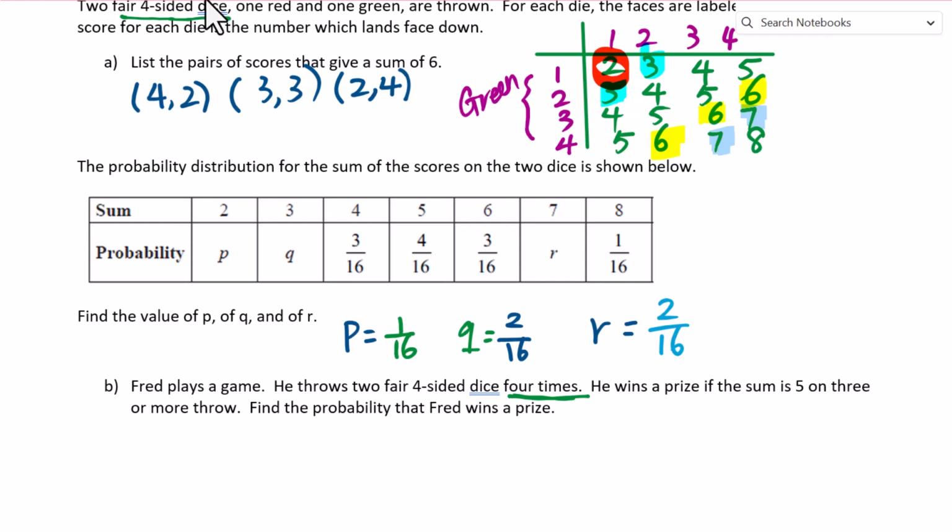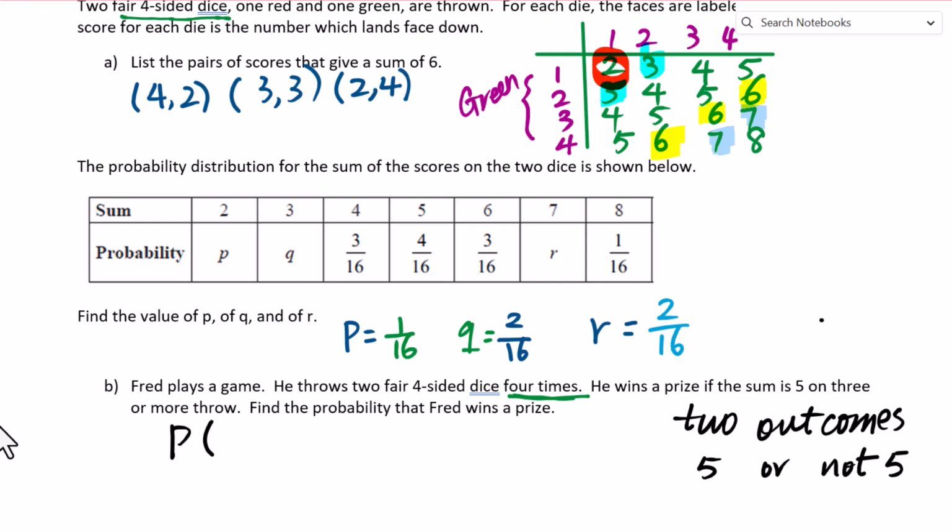For this event, we only have 2 outcomes: the sum of the score is 5 or not 5. We already figured out the probability that the sum is 5 equals 4/16. It's given here. Equals 1/4.